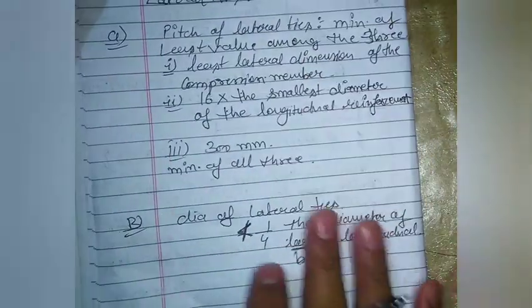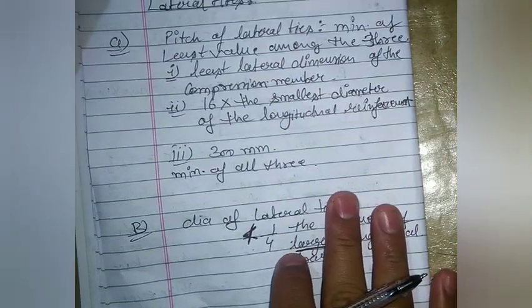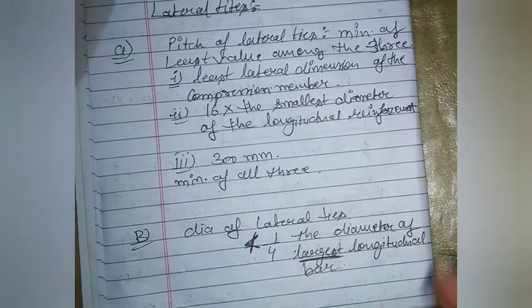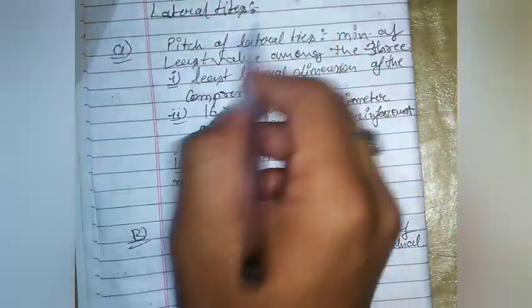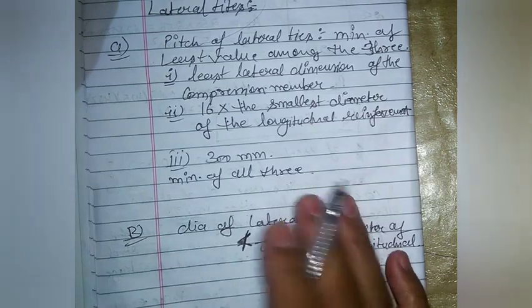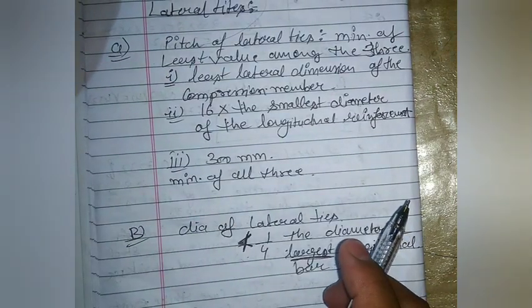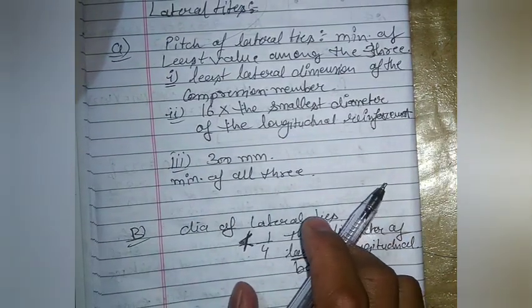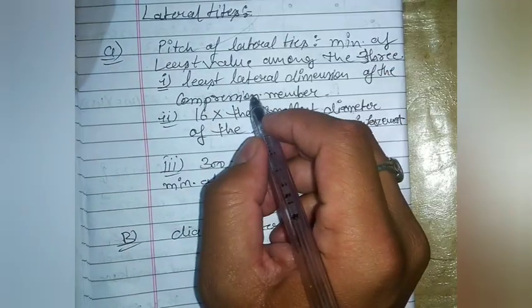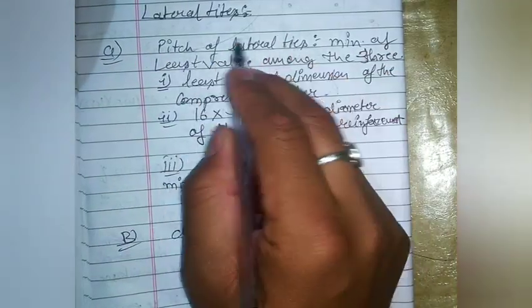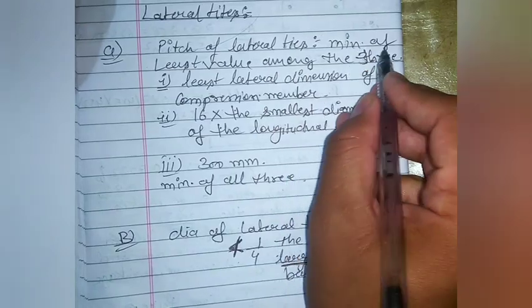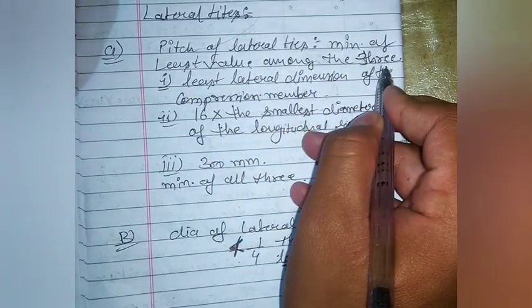Now if we talk about the lateral ties, there is also a provision for lateral ties in your code IS 456 2000. The pitch of the lateral ties is the least value among three.